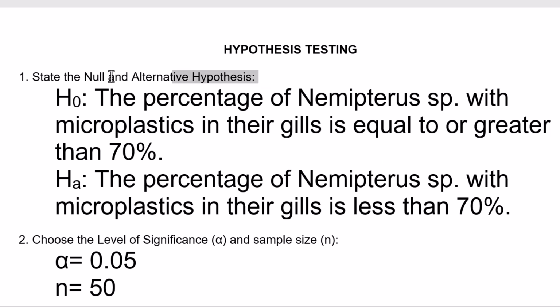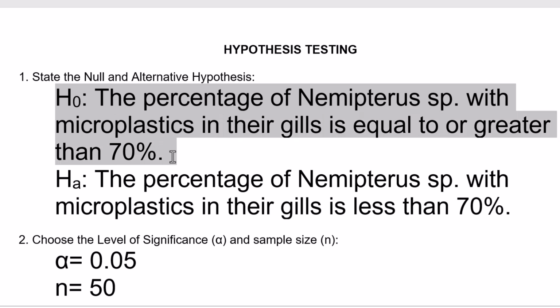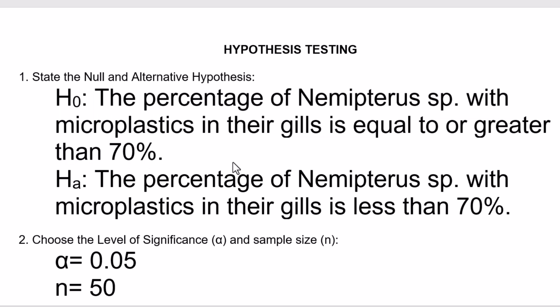First step again, you state the null and alternative hypothesis. So, our HO should be like this. The percentage of Nemipterus sp with microplastics in their gills is equal to or greater than 70%. Siyempre, ito yung sabi sa news based on a recent study. But again, you are skeptical.